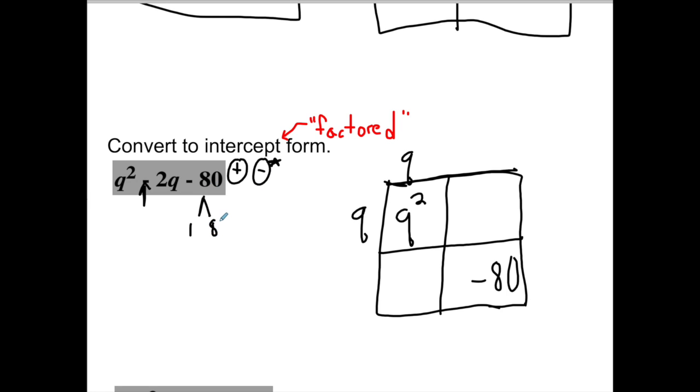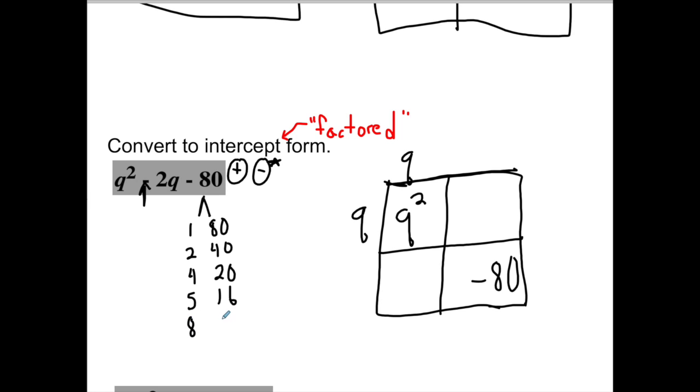So I could do 1 and 80. I could do 2 and 40. 3 doesn't go into 80 because the digits don't add up to a multiple of 3. 4 goes into 80 though, and it goes into 80 20 times. 5 goes into 80, and you know it goes in because if the last digit is a 0 or a 5, then 5 goes into it, and 80 divided by 5 is 16. 6 doesn't go into it because 3 doesn't go into it. 7 doesn't go into it. 8 will go into it, right?